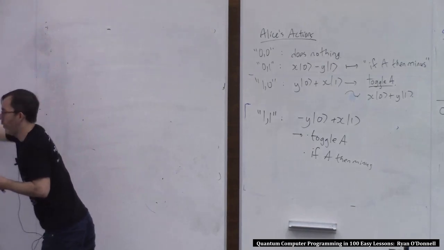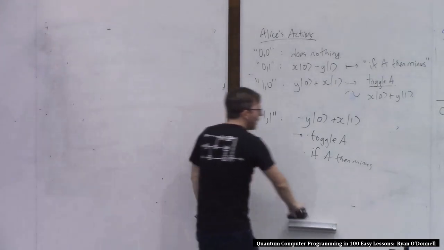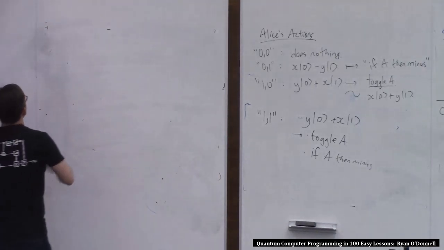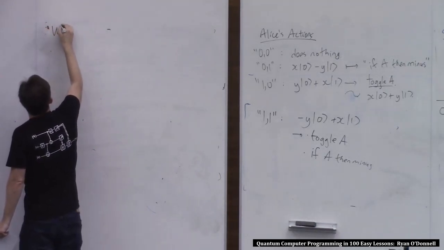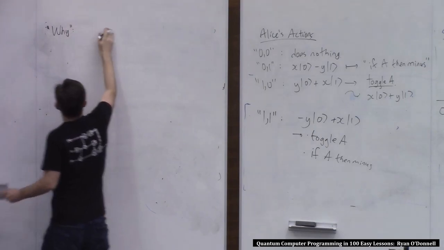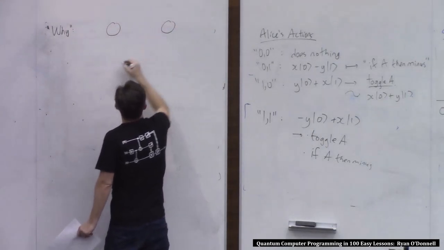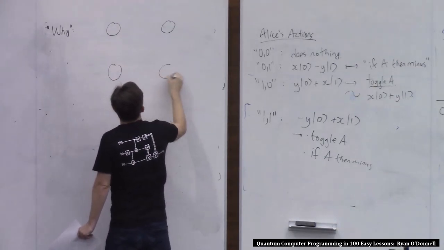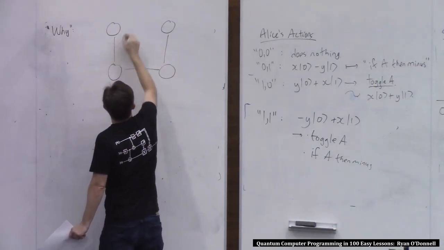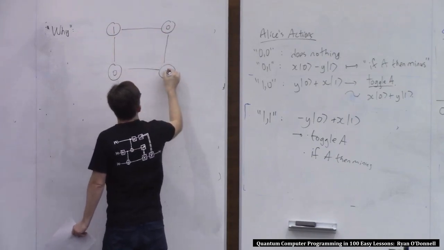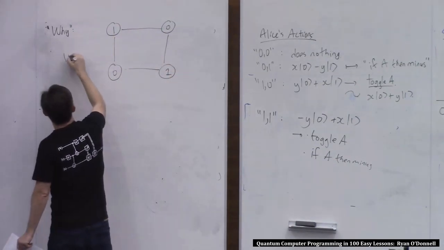So the ultimate conceptual reason why this cool fact is true, put "why" in quotation marks, is because if you draw the EPR state in our favorite square way, I've drawn these pictures many times, this is amplitude 1, 0, 0, 1, this is EPR.